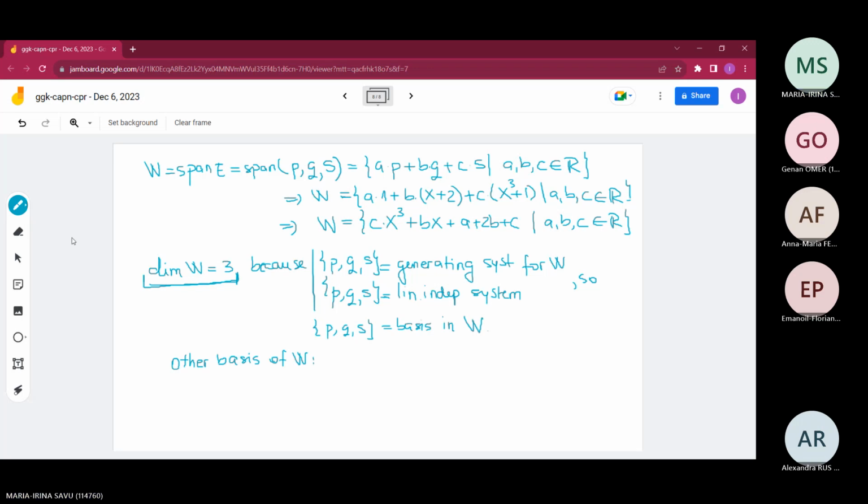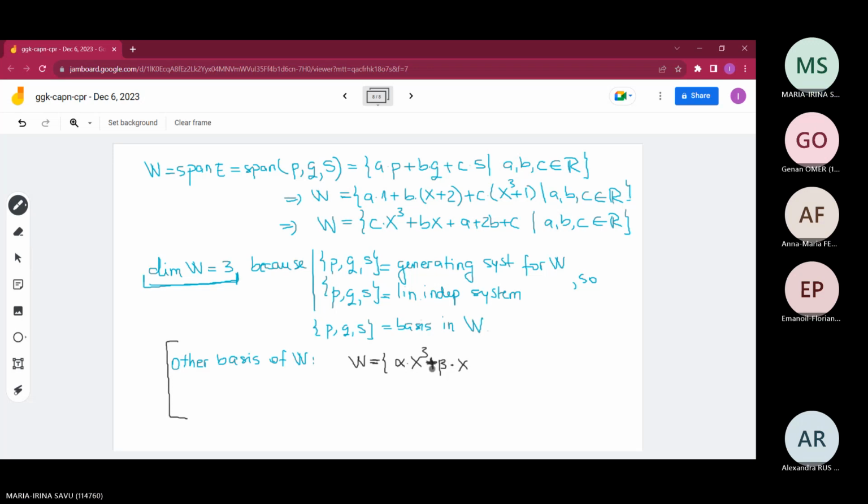Another basis has, well, you should write W as alpha times x cubed, where alpha is c, plus beta times x, right?